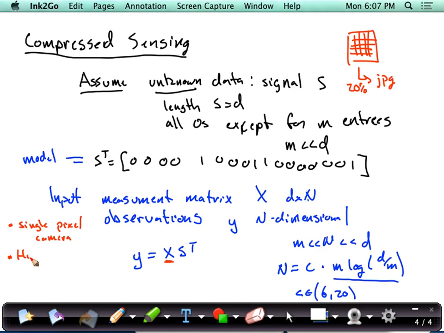Where this is used, and I've heard this, though I haven't read the papers, is in the Hubble telescope. Who knows what the Hubble Telescope is? It's a satellite that has a huge camera on it taking pictures of space, and space is the definition of sparse, right?